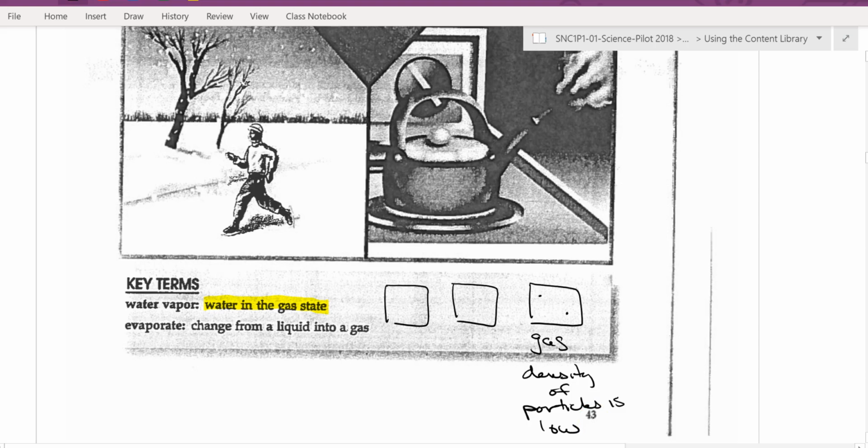Now, you don't have to write that down here, but it's not a bad way of looking at it. When we look at a liquid, what would I notice about the density of particles? Yeah, they're moving around. There are going to be more particles.